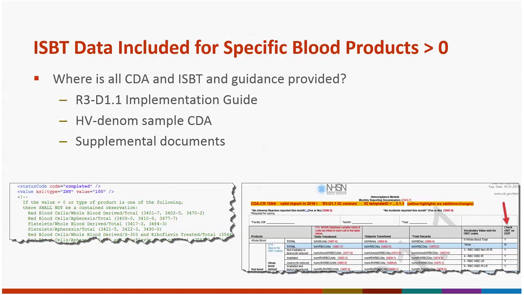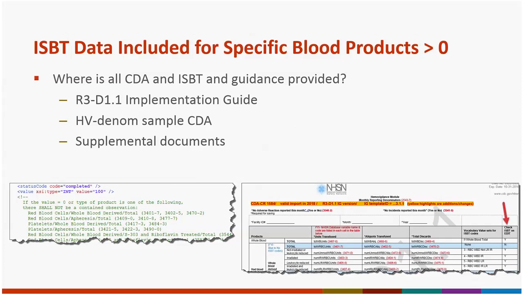As I mentioned before, the ISBT data is included for specific blood products greater than 0. How do you know? Where's that guidance? We have it in the protocol, in the XML samples, and in the supplemental documents. And here's a little snippet of the paper form. I know you're used to this; we call them commented or mocked up forms.